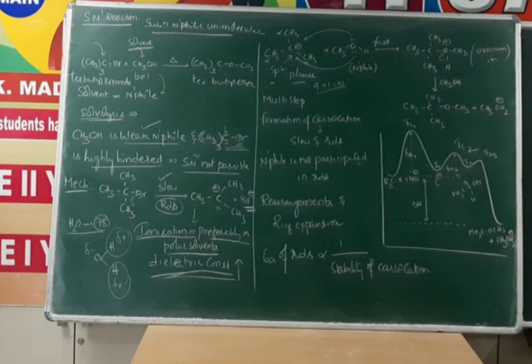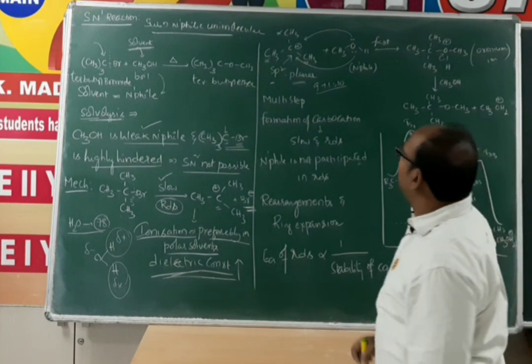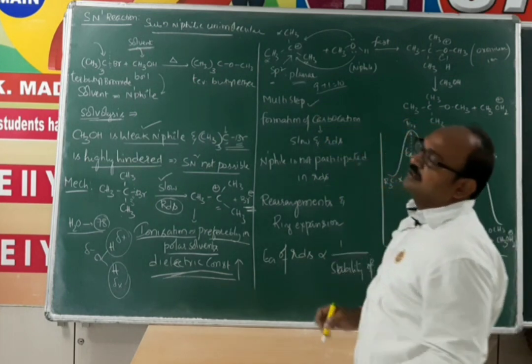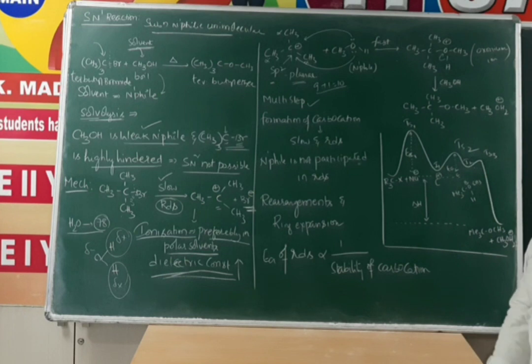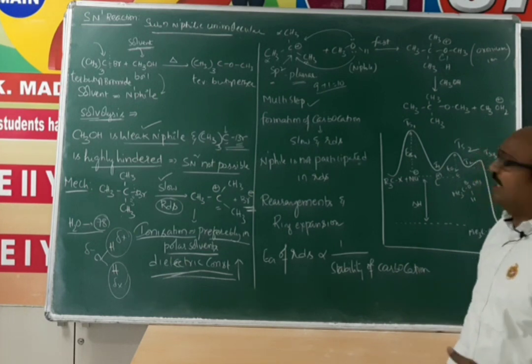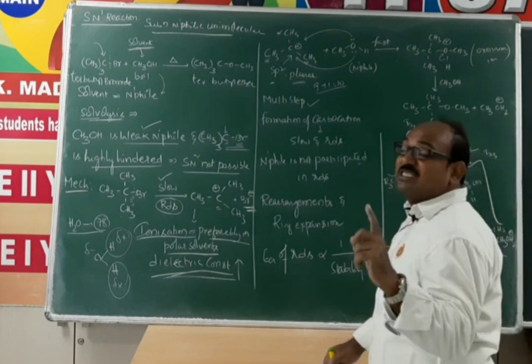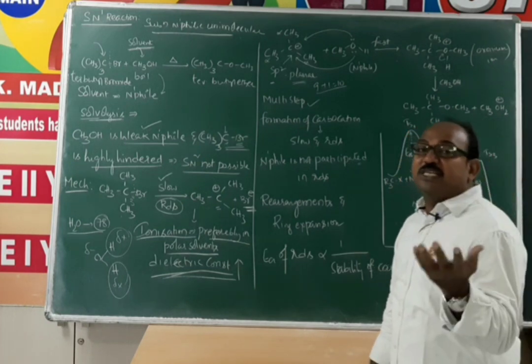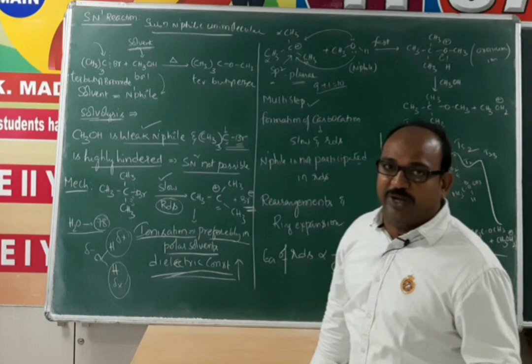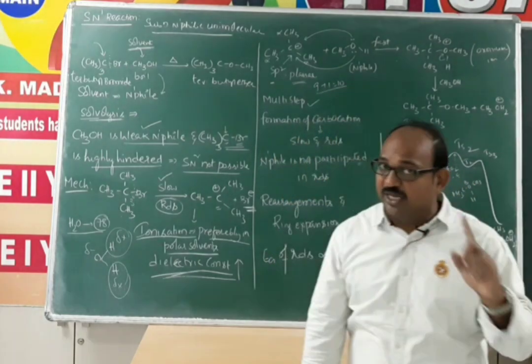So in the overall reaction, if we observe, the first one is a multi-step process. The SN2 reaction, we discussed, was a single-step process: the reaction completes in one step and proceeds via a transition state. But the SN1 reaction is not single step.